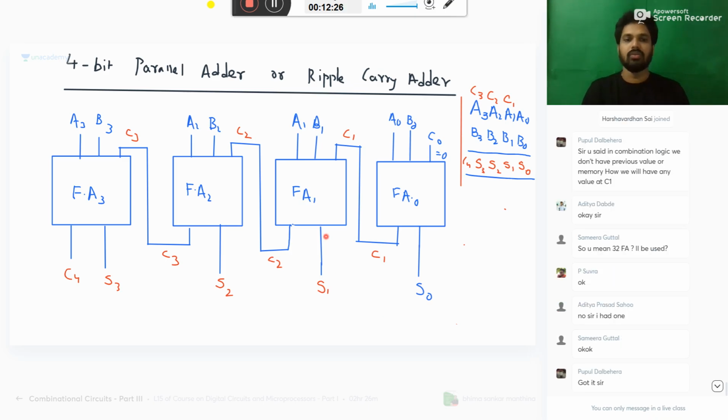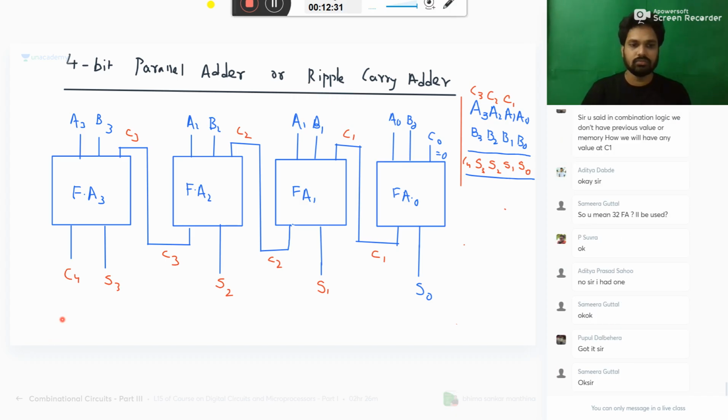Now, listen here. What is the total delay in this circuit? Total delay in this circuit is equal to n times the full adder delay.